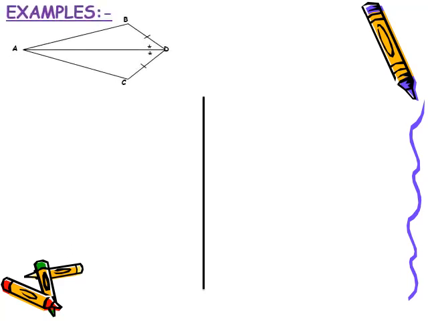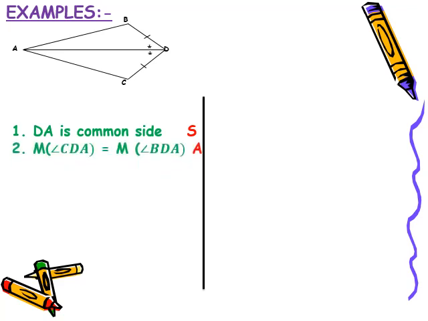For example, two triangles ABD and ECD. Prove that two triangles are congruent. Number one, DE is a common side, it's a side. Number two, measure angle CDE equals measure angle BDA, it's an angle.